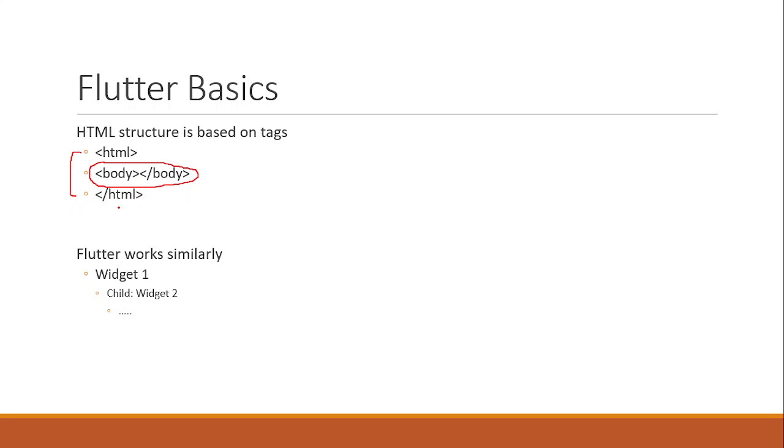For Flutter, that works the same. So here we have the parent widget. For the parent widget, the scope is from this one to this one. And then inside that we have the widget here.